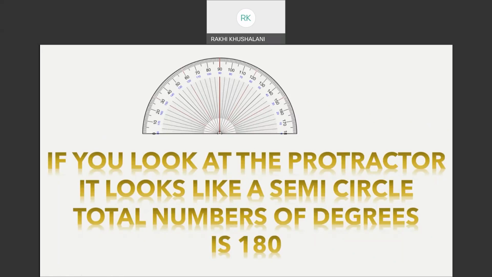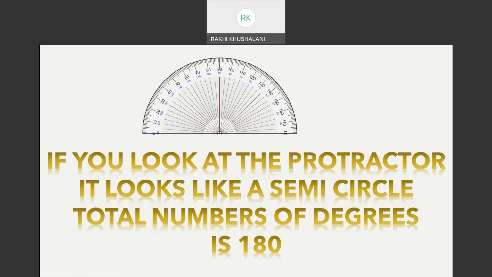You can hold the protractor right now in front of your eyes. It just looks like a semicircle. There are lots of units drawn, like in the case of a scale. On a scale there is 1 to 10, 1 to 15 according to the size of the scale. But on a protractor it is 0 to 180.